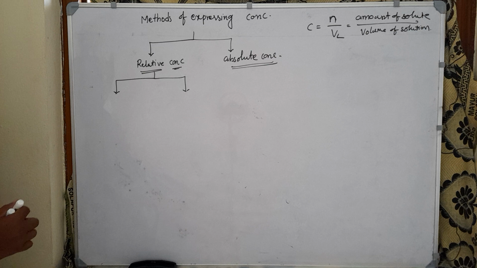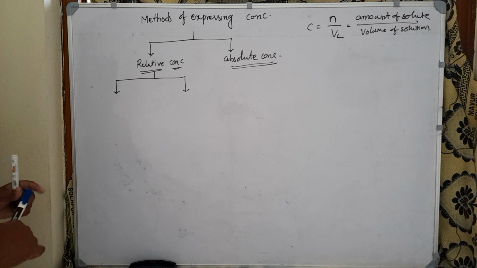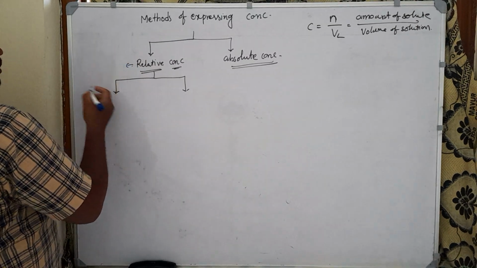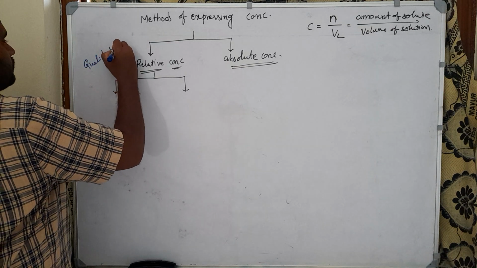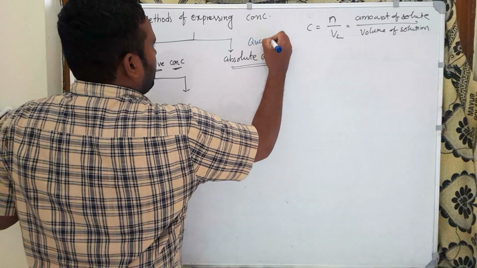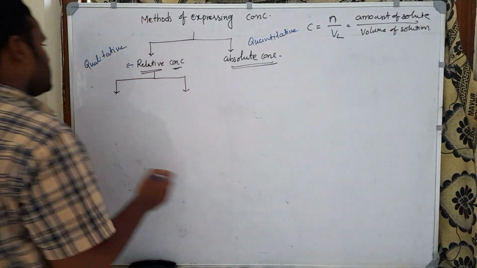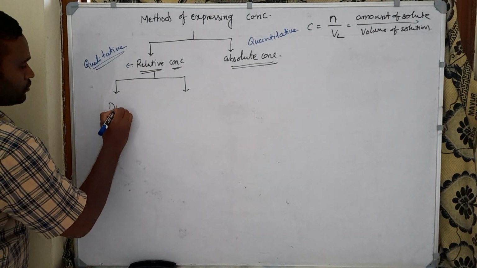The relative concentration is also called the qualitative method, and the absolute is the quantitative expression.